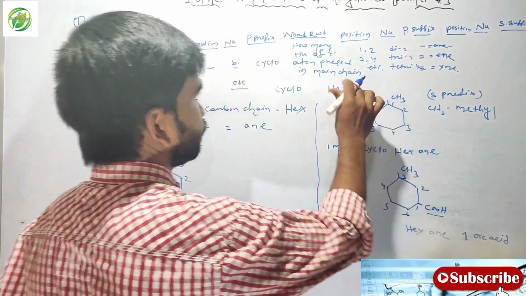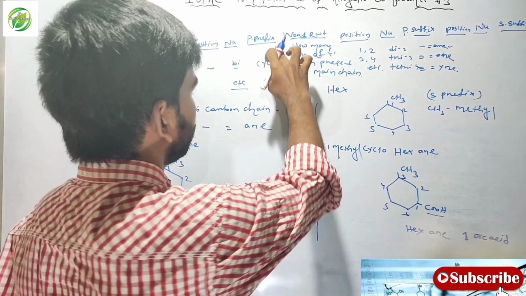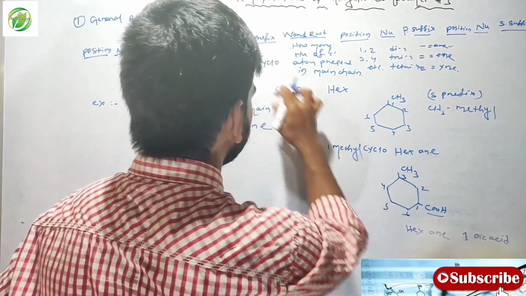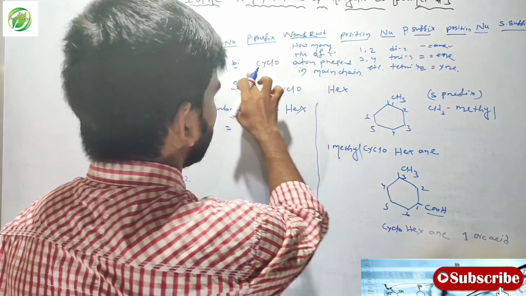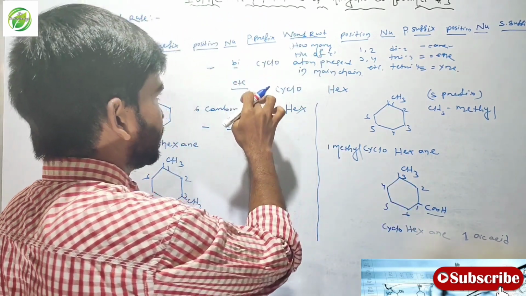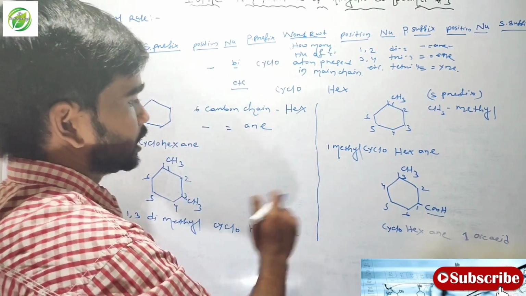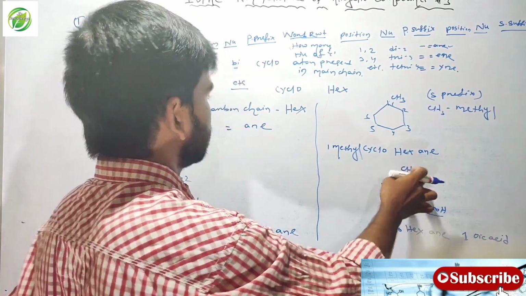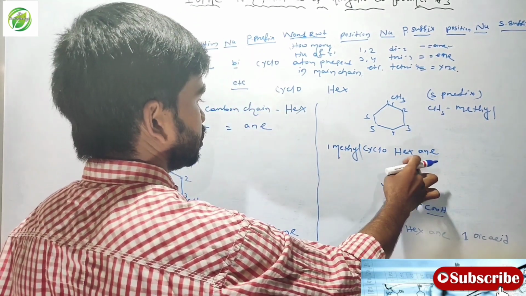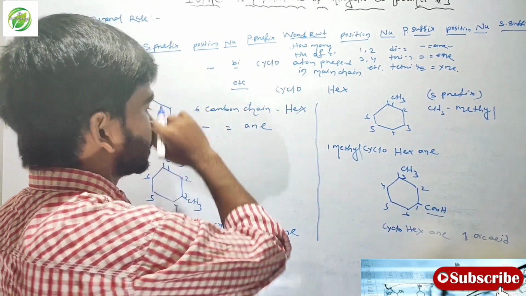Then friends, go to the prefix. For the primary prefix, this is a cyclic compound, so it's cyclo. One cyclo is present, so it is not used with di, tri, etc. Then friends, the secondary prefix. The secondary prefix is used for substituents, side chains. So CH3 is a substituent, so use the secondary prefix.